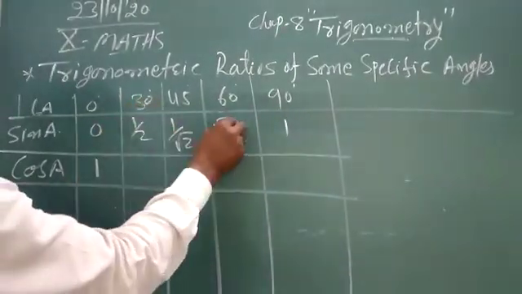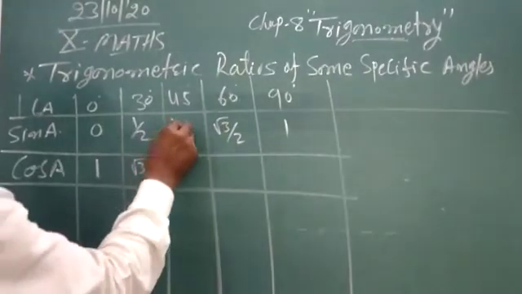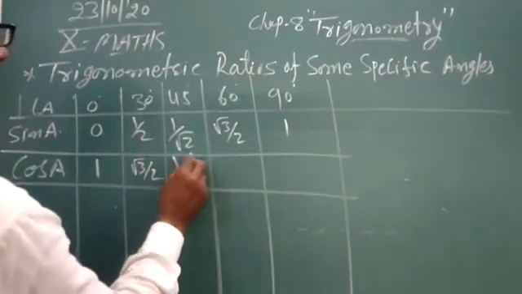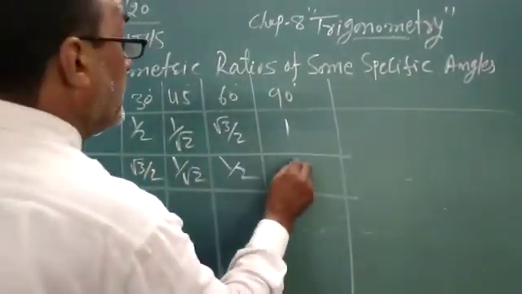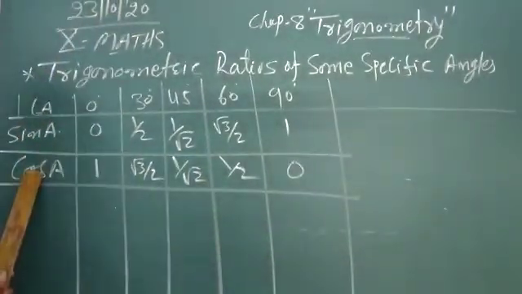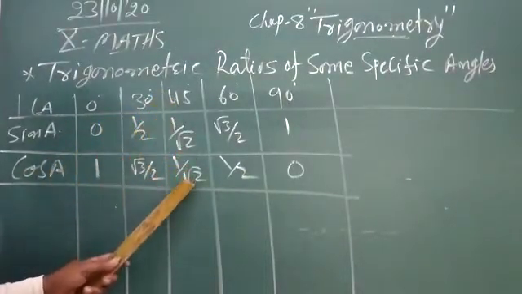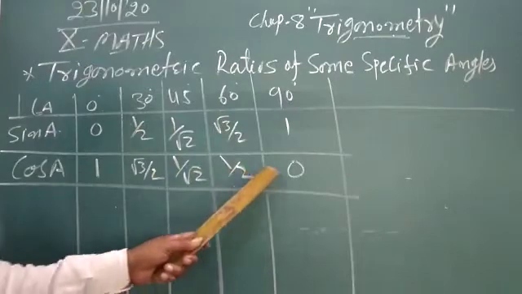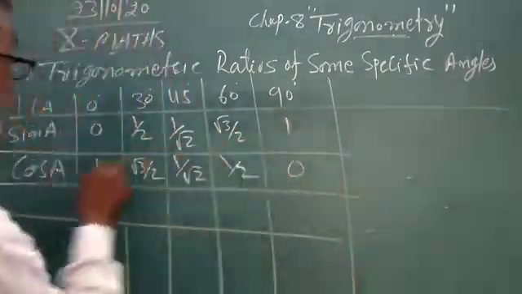Cos 30 is the complement of sine 60; 45 is the same. And cos 60 means 1 upon 2. So for cos 0, 1; cos 30, root 3 by 2; cos 45, 1 upon root 2; cos 60, 1 upon 2; and cos 90, 0.